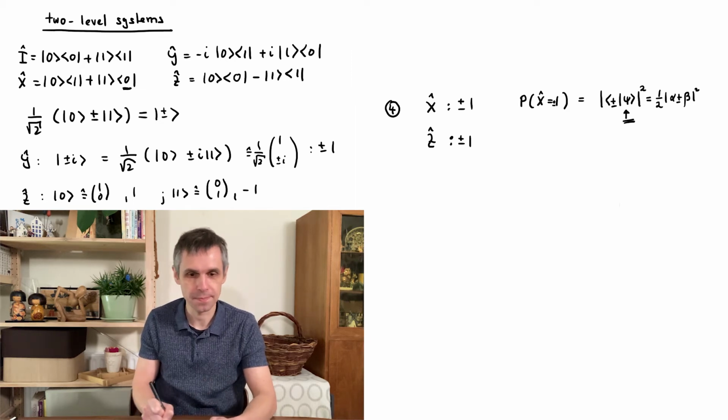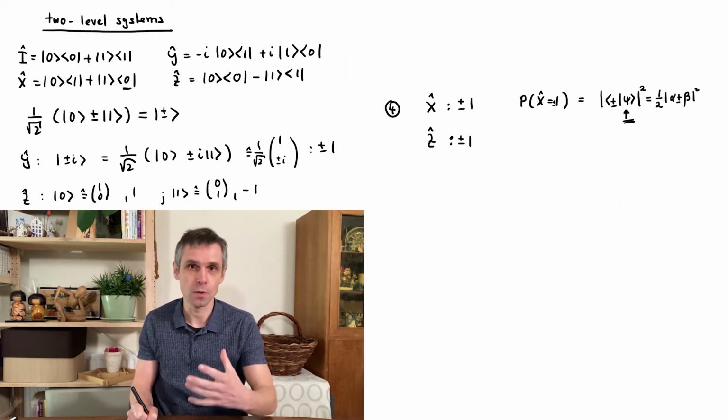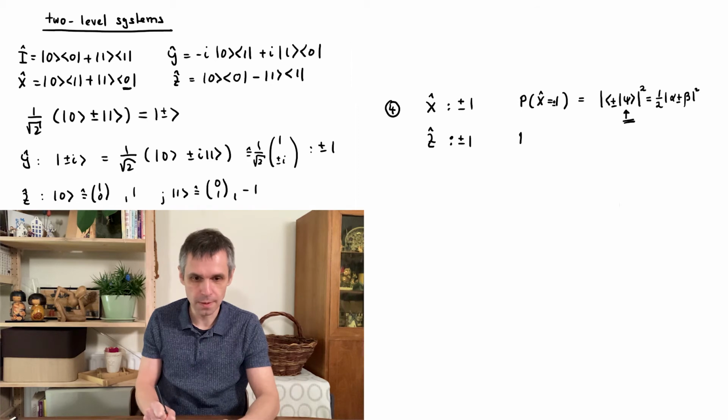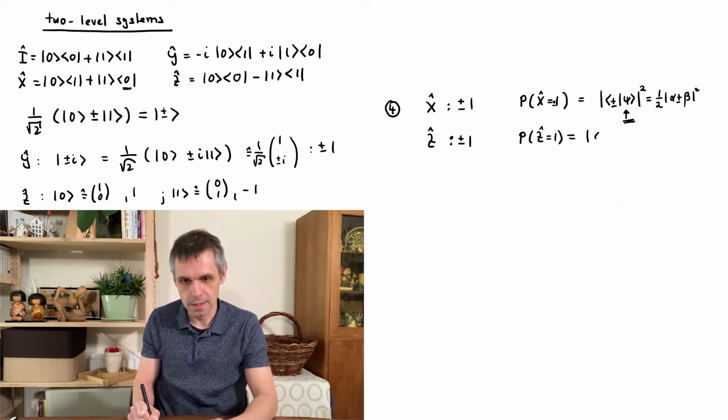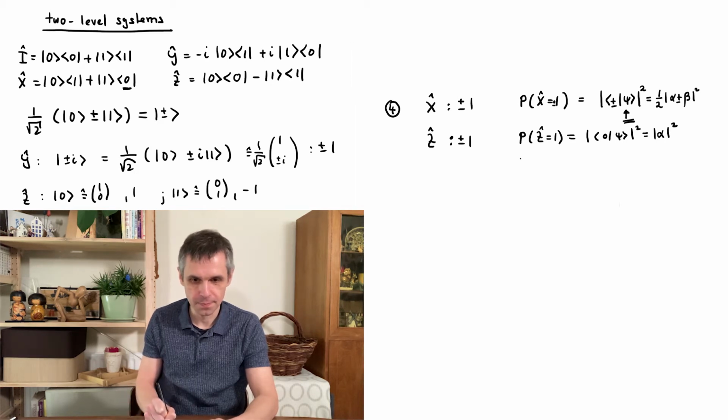In the case of the observable z, this is even simpler, because our eigenstates are just the basis states. So here we just have the scalar product of the quantum state with a basis state, which just projects out the coefficient alpha. So the probability is alpha absolute value squared.